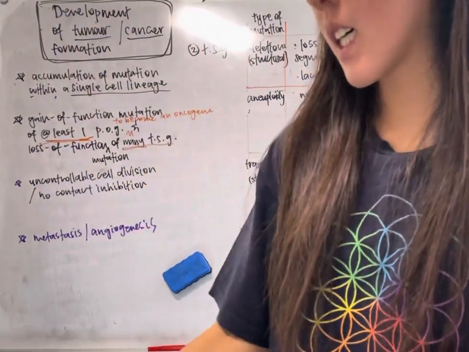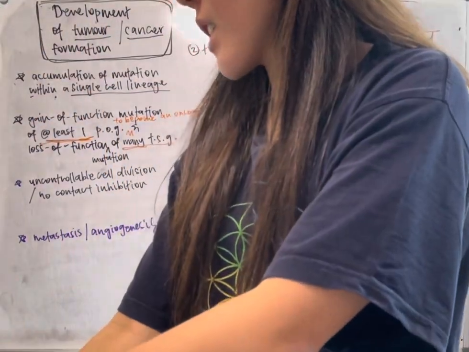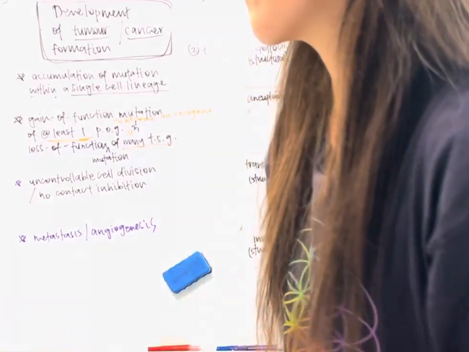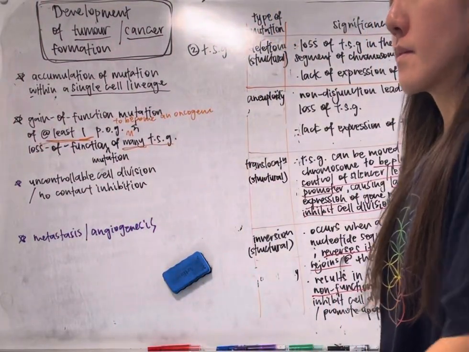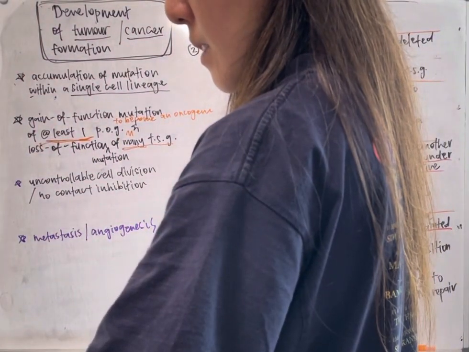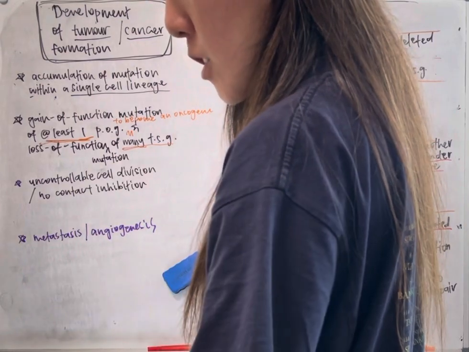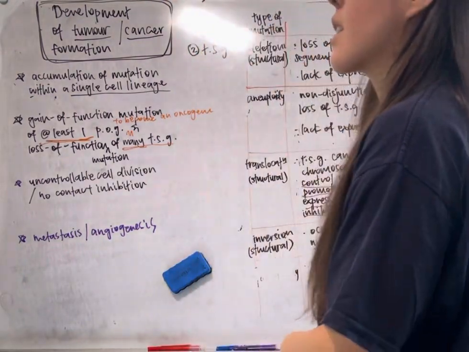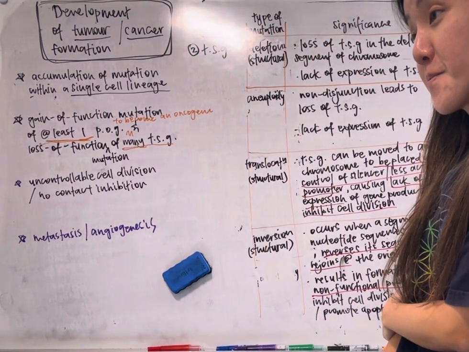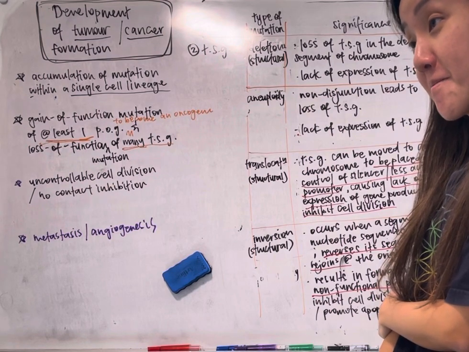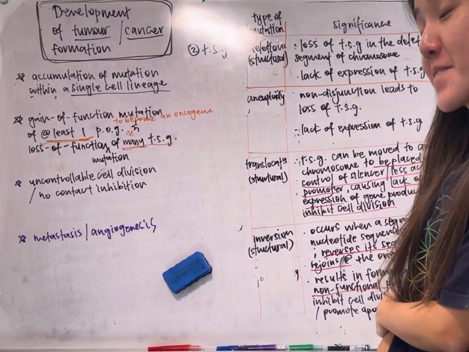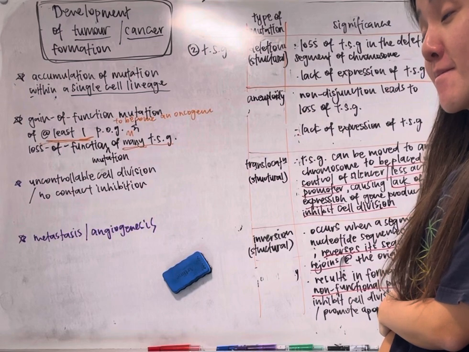Next, can you tell me another difference between cancer cells and stem cells? Is it that stem cells have contact inhibition? Stem cells have no contact inhibition, but cancer cells have contact inhibition? Is that what you're saying? No, it's the other way around.